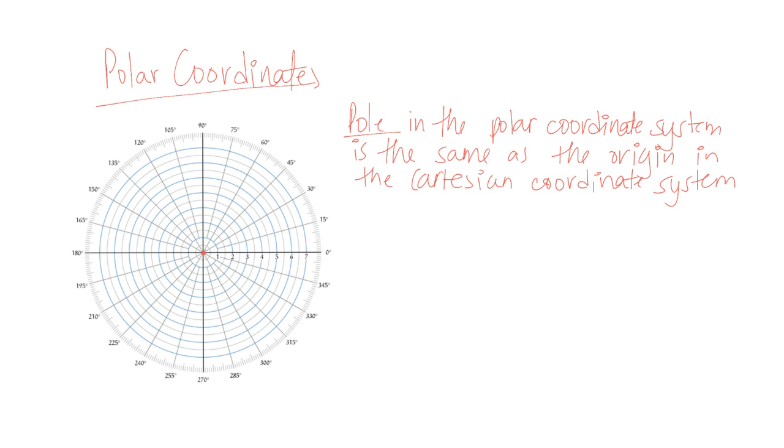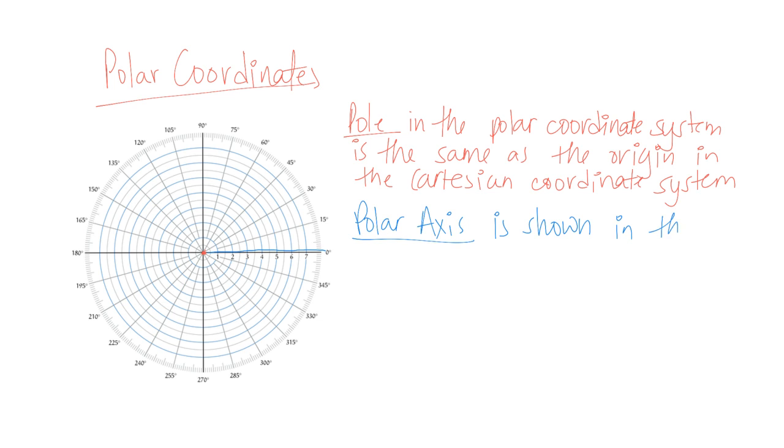Then we have what's called the polar axis. The polar axis is what would be the positive x-axis in the Cartesian coordinate system. These two things are needed to plot points. We're going to have to reference from the polar axis and from the pole.